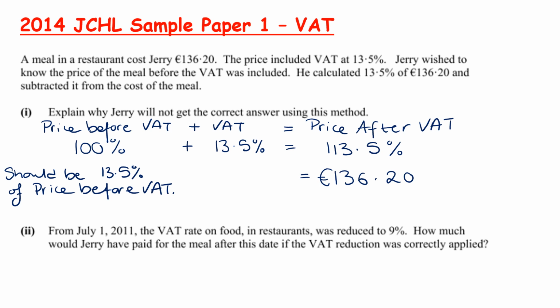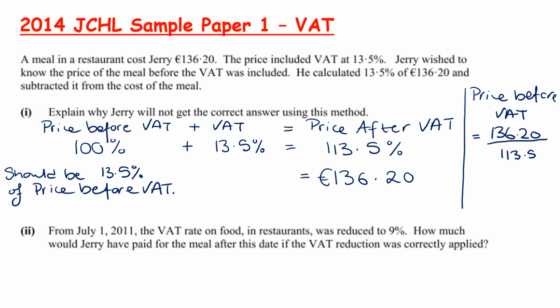We can do the calculation. So I'm going to do it over here and I'll say, right, I'm going to use my shortcut. So to get the price before VAT, I'm going to say, right, I have 136.20. I'm going to divide that by 113.5%. This is why I like percents, because if you change that to a decimal, it's going to be 1.135.